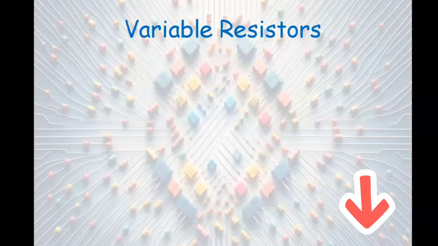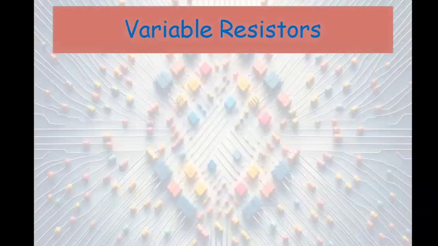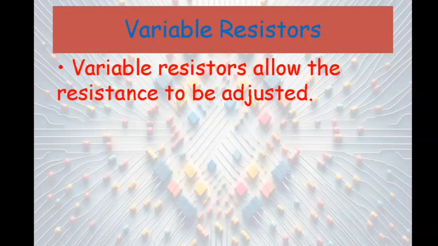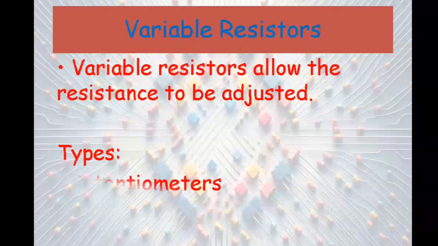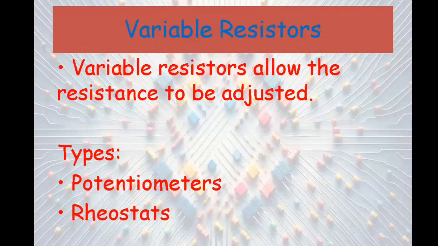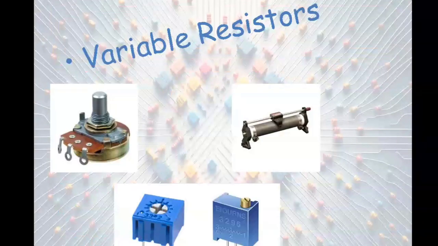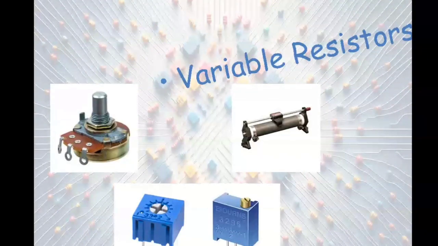Then we have the variable resistor. As its name indicates, the value of the resistance is going to change. We can adjust it from 0 to the value which is mentioned there. Again, types are available: potentiometers, rheostats, and trimmers. What is a potentiometer? You can see these are the variable resistors.